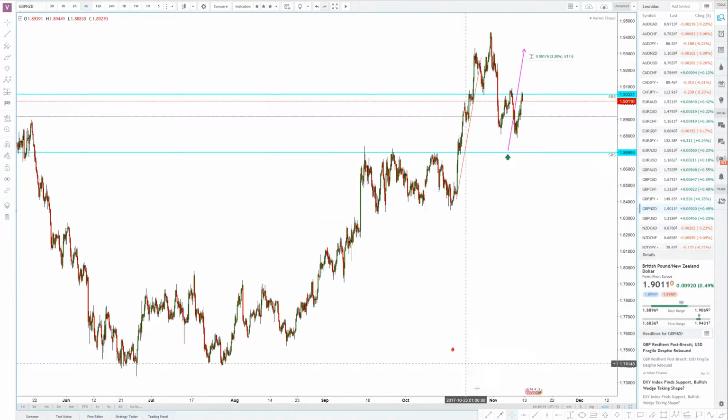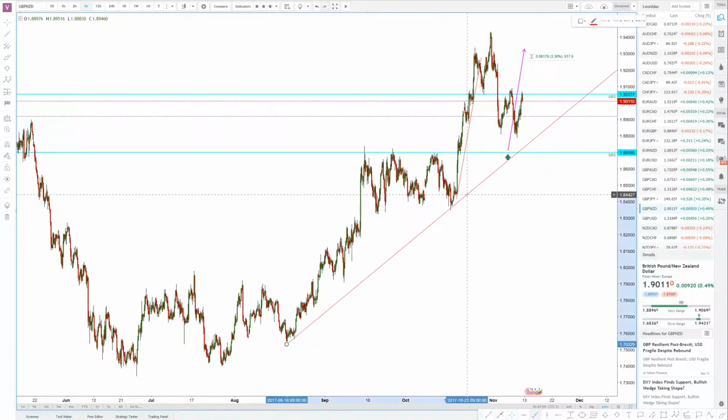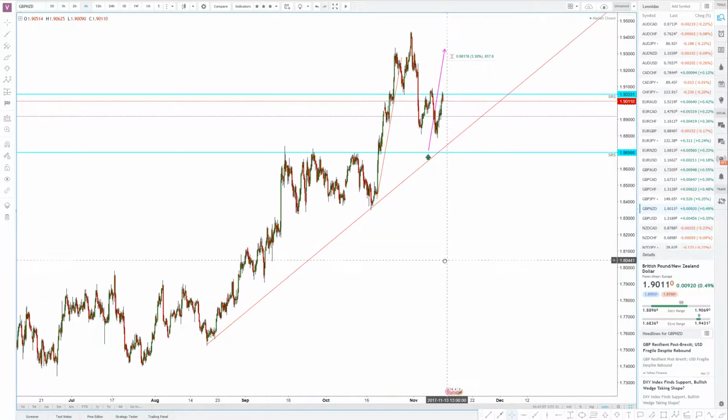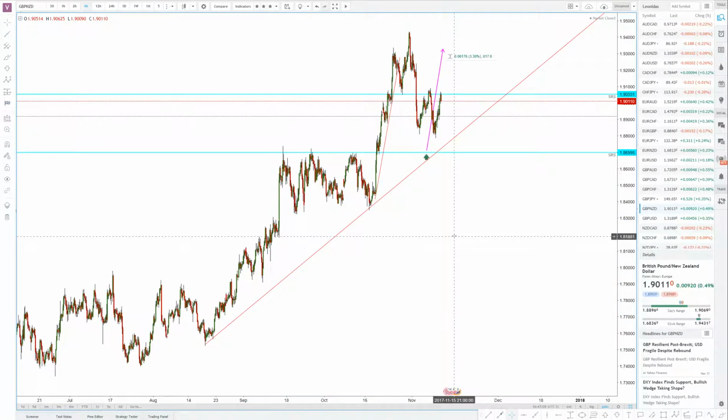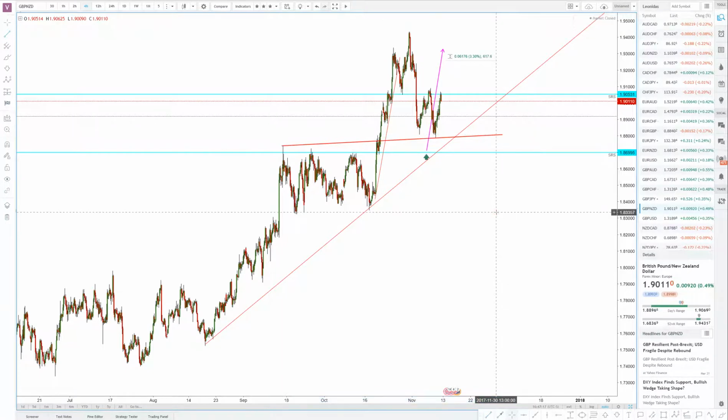Let's throw in some trend lines. I always do that. So we got this. Ideally, we would pull back to that trend line and then enter it. So it would be something like this, right?